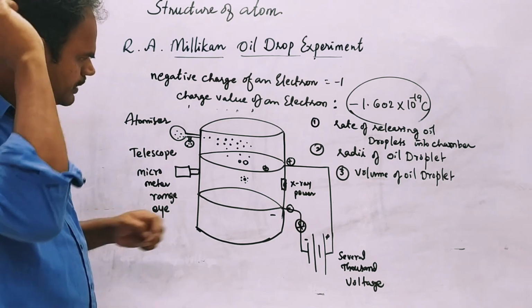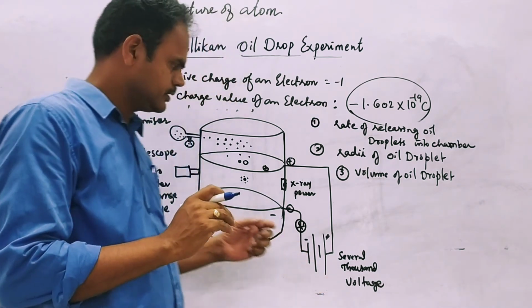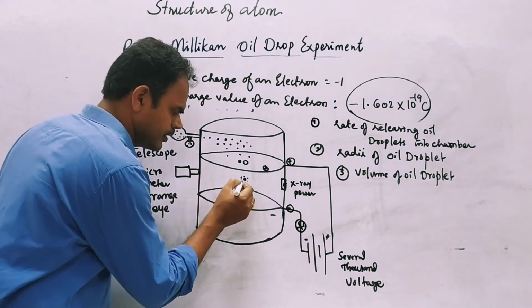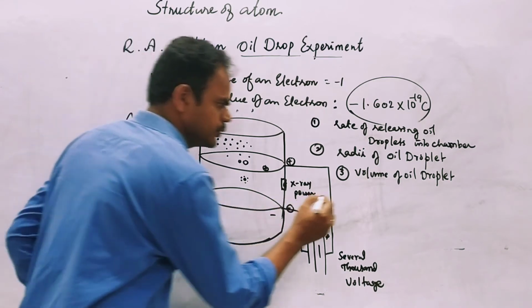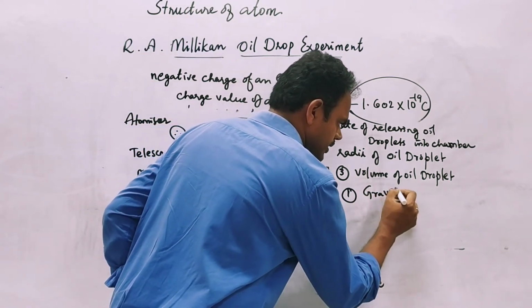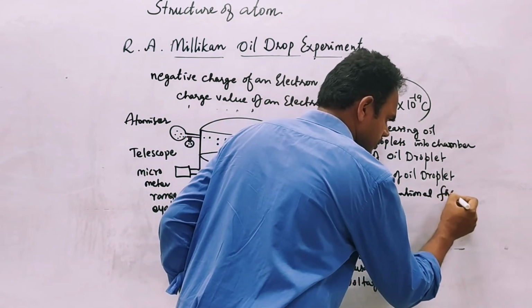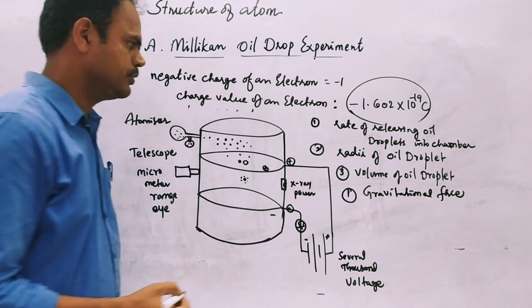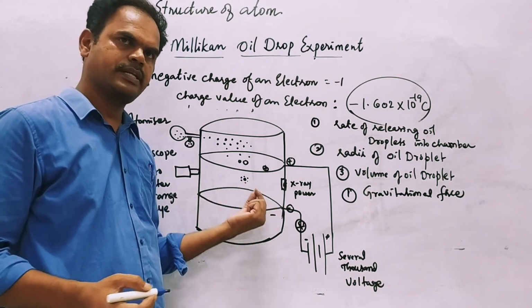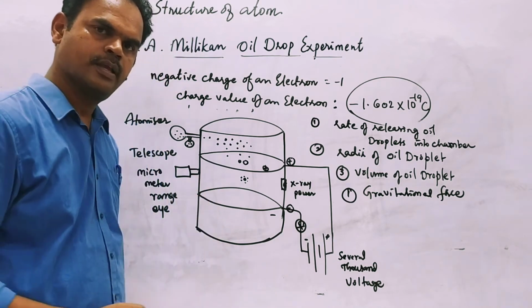Since the oil droplet has mass, at low voltage the droplet tries to fall down due to gravitational force.